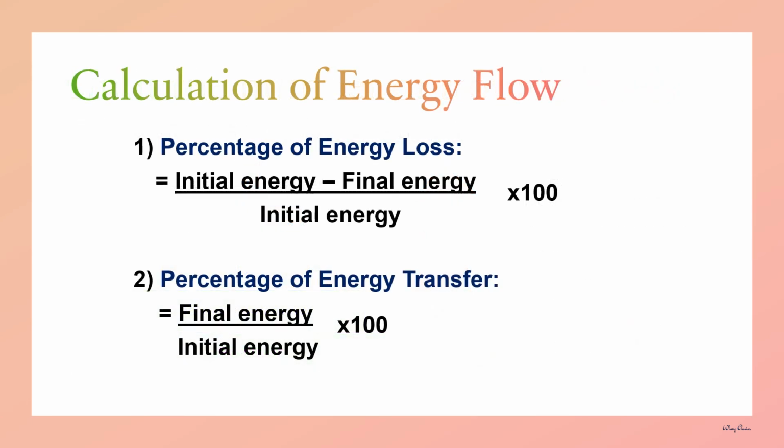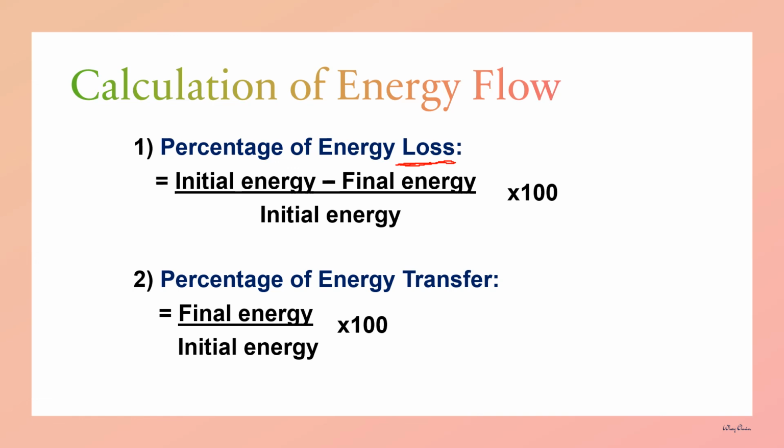There are two formulas related to the energy flow. The first is how to calculate the percentage of energy loss in one food chain. Here is the formula: we have to identify the initial energy, that means the beginning energy, minus the final energy, divided by the initial energy, and never forget to multiply by 100.